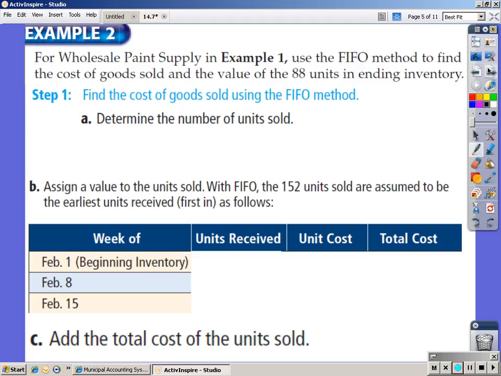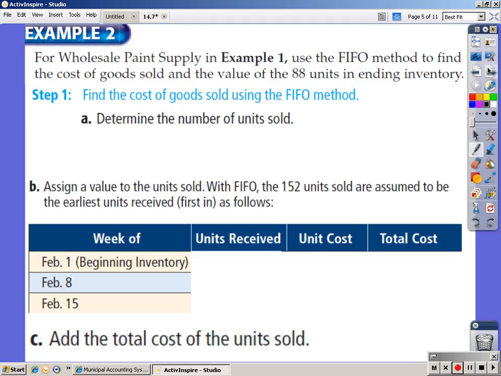First thing you have to do is find the cost of goods sold using the FIFO method. We need to determine the number of units sold. Looking at the table on the bottom of 536, it says we received a total of 240 units.